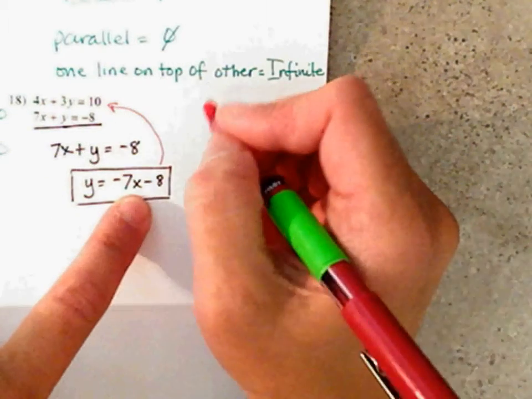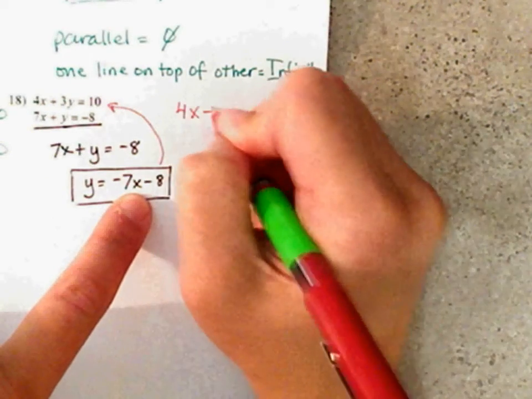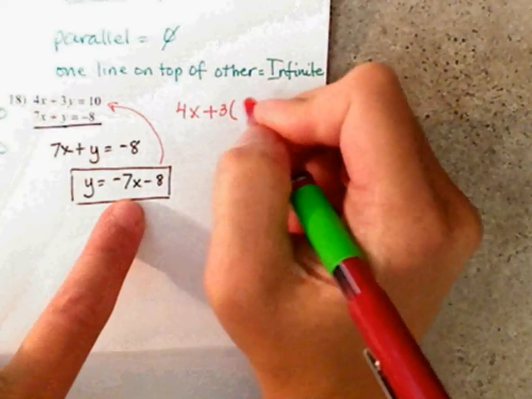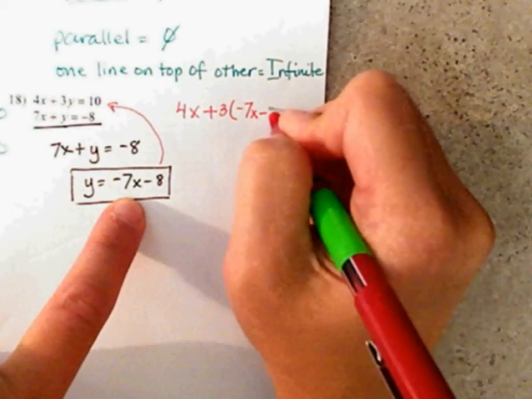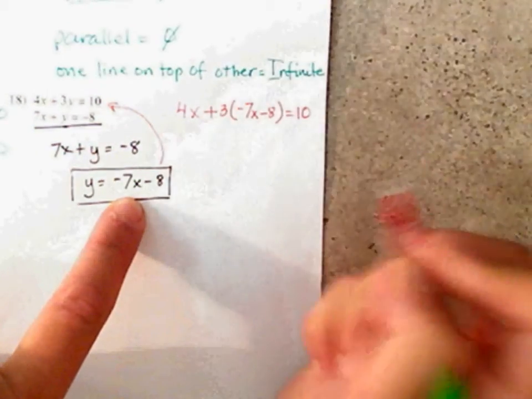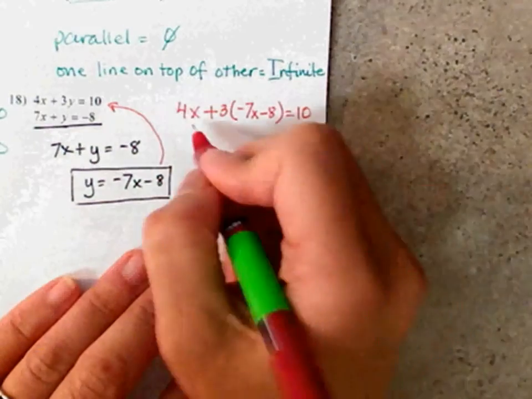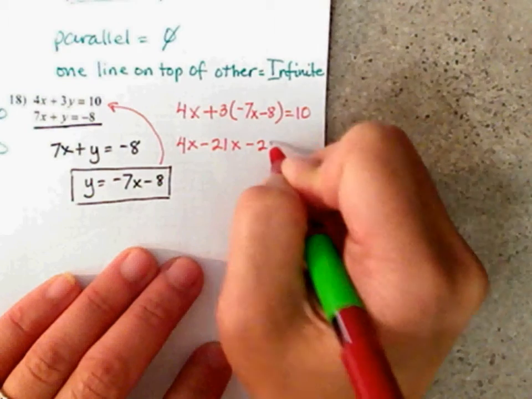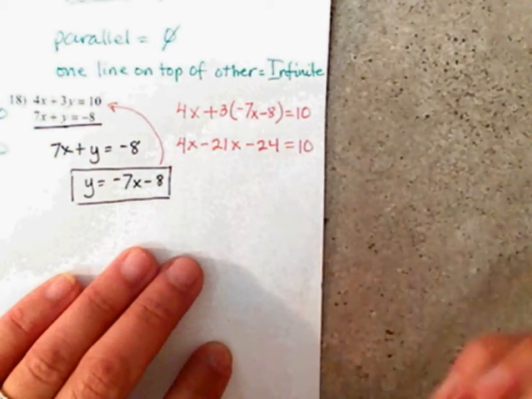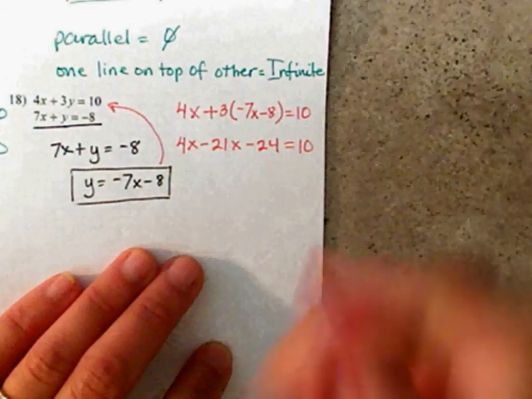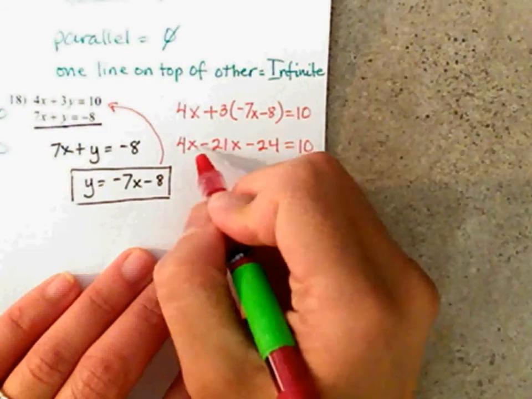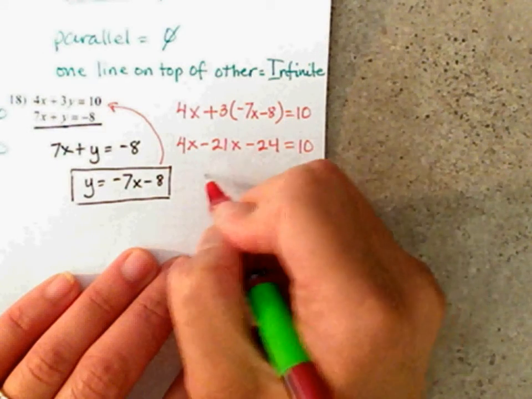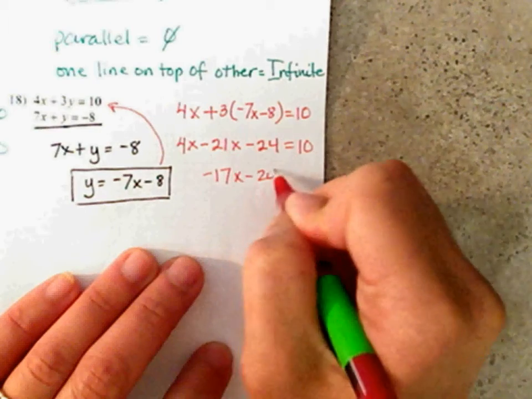So you got 4x plus 3, what is your y? Negative 7x minus 8 is equal to 10. Okay? Distribute: 4x minus 21x minus 24 equal to 10. Combine your like terms. 4x minus 21x is negative 17x minus 24 is equal to 10.